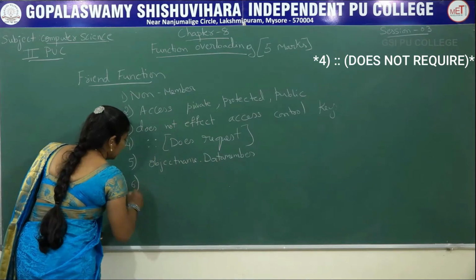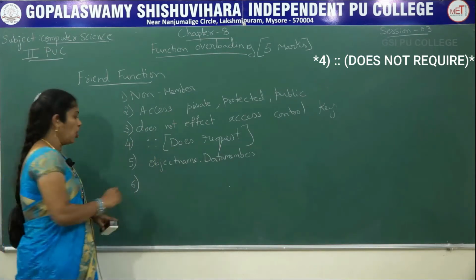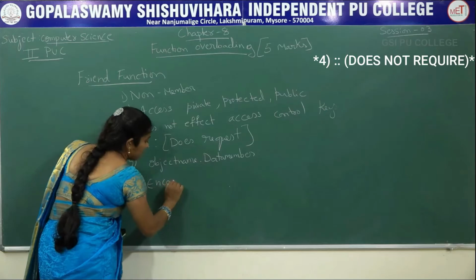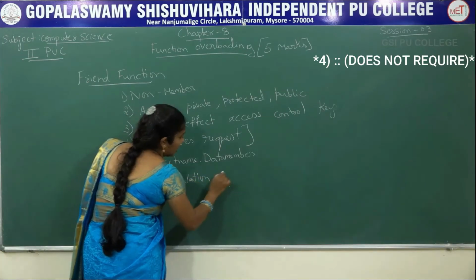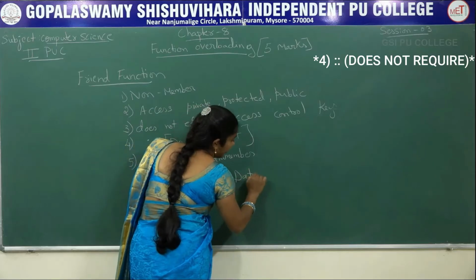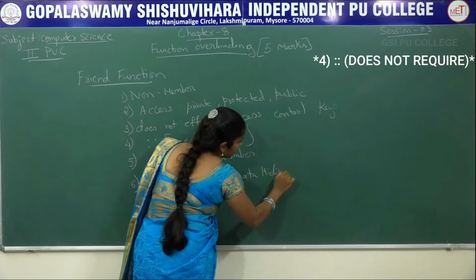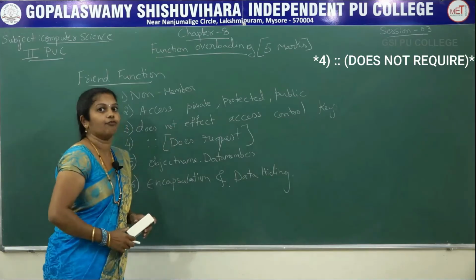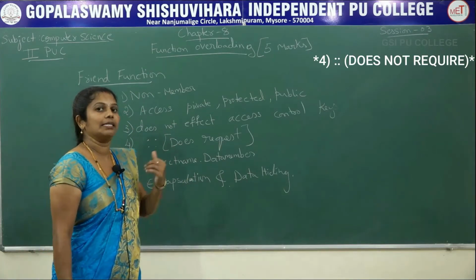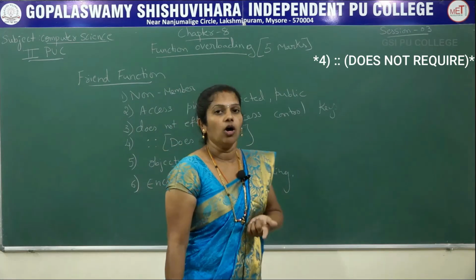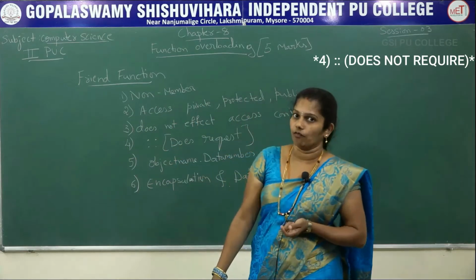Next, it violates the rule of encapsulation as well as data hiding. These are a few features of the friend function. It is a non-member function, but still it can access all private as well as protected data of a class.